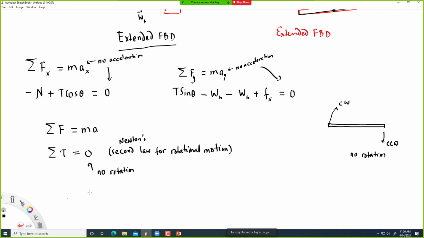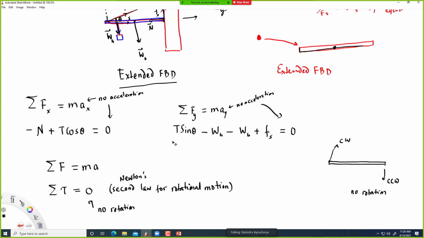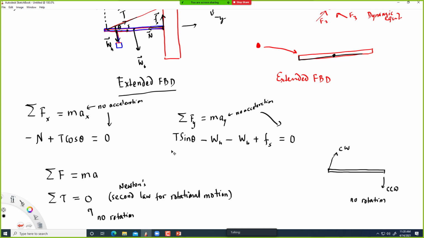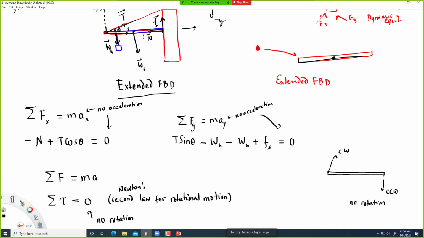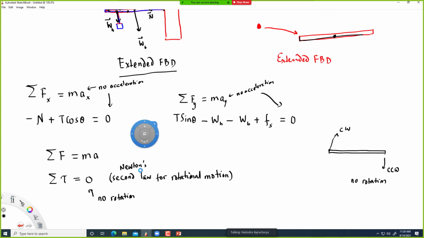We need to add all the torques from this diagram. All these forces tend to produce torque, and those torques should be equal to 0. That's the condition for no rotation. So you guys tell me all the torques we have. Where should I write that? Let's see.